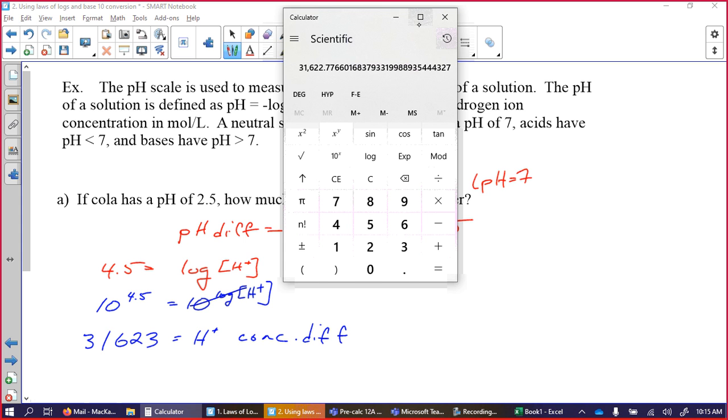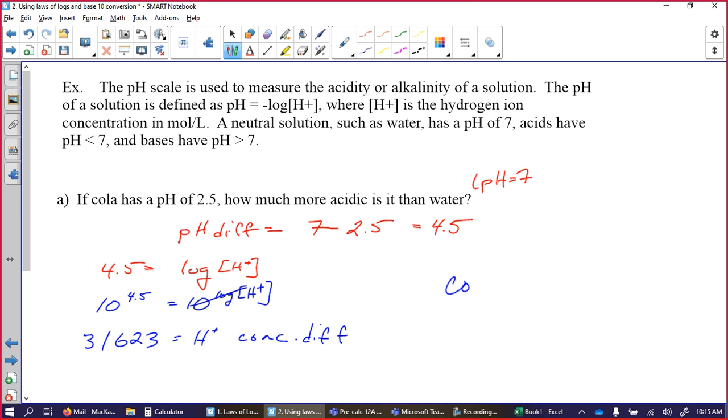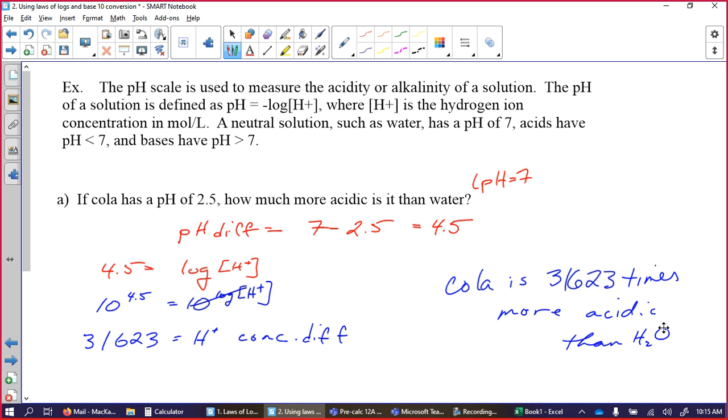That's 31623. So cola is not just a little bit more acidic. It's 31,623 times more acidic than a neutral solution.